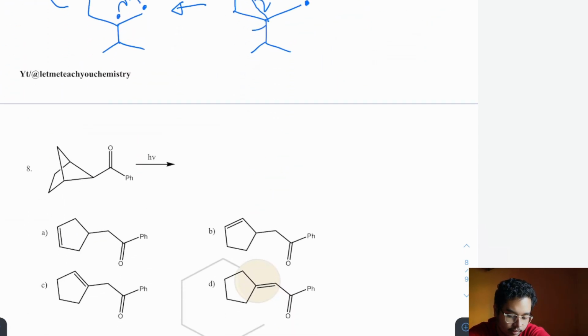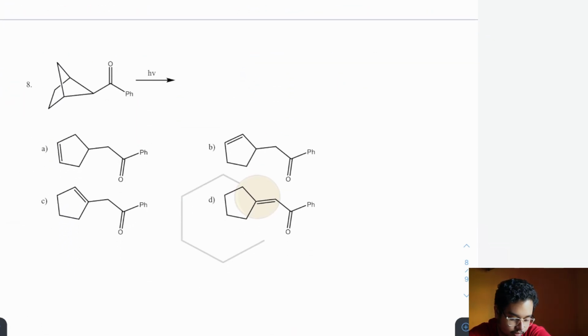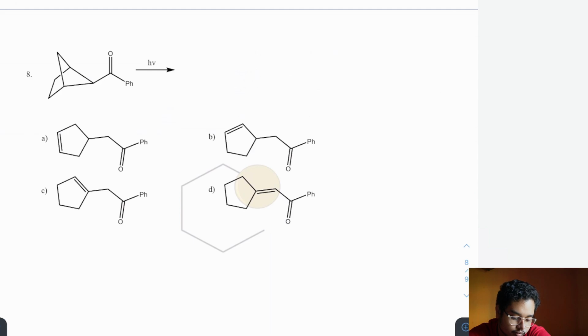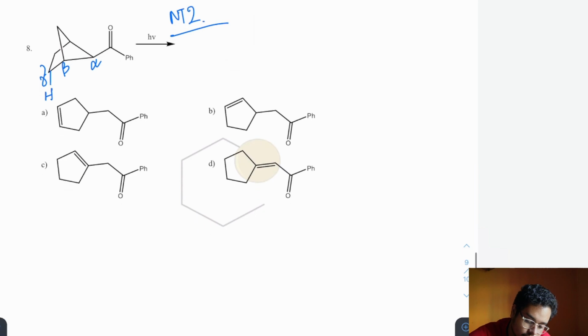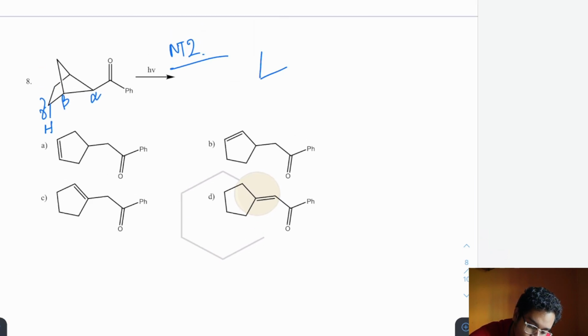Now let's talk about our MCQ. This is also looking like a Norrish type 2 reaction. The site is the same, but we move on to this particular pathway. First will be the gamma hydrogen abstraction. After gamma hydrogen abstraction, this will be the structure.